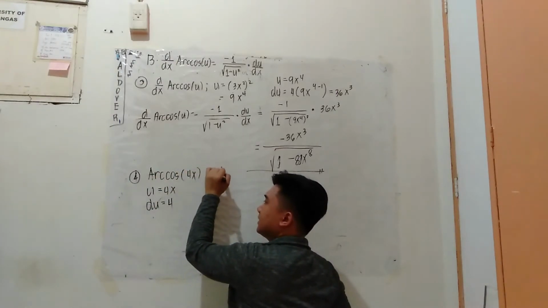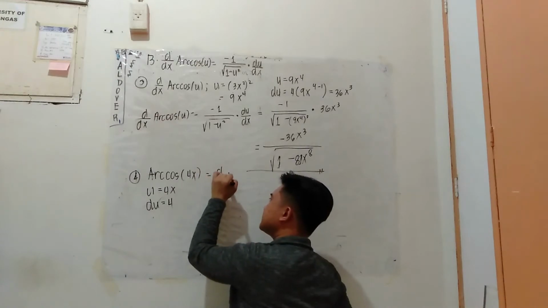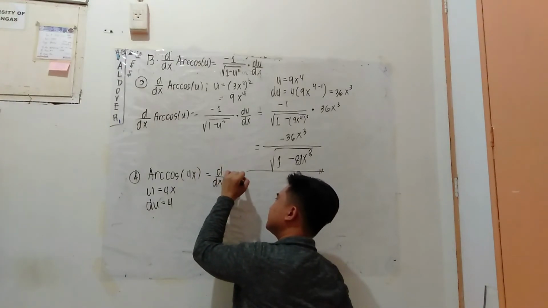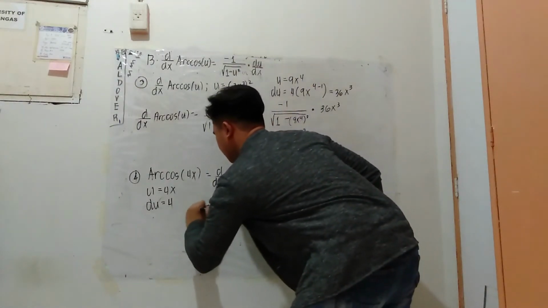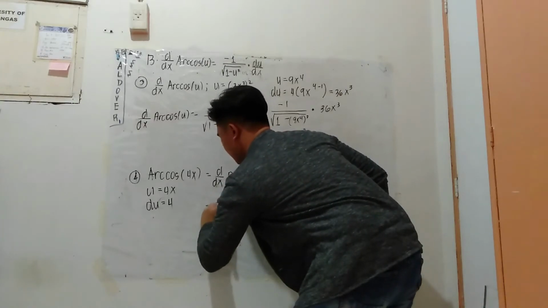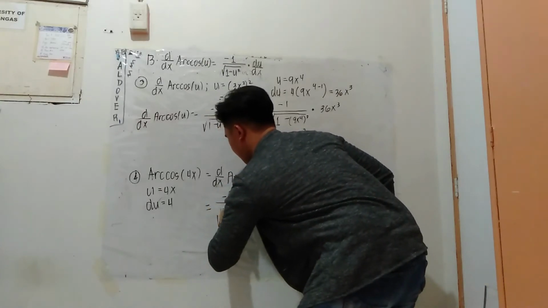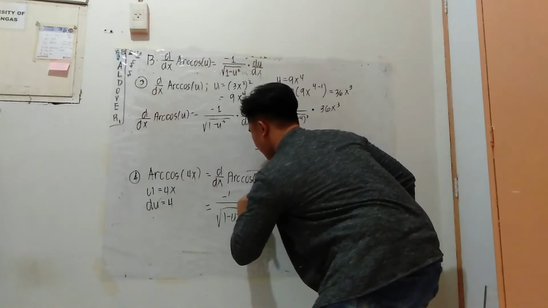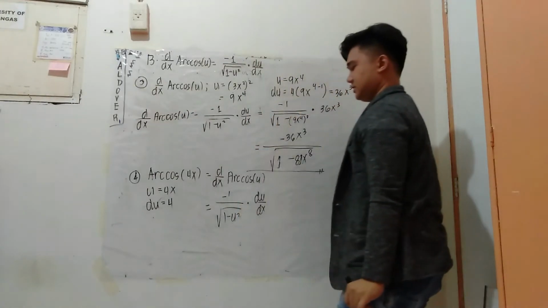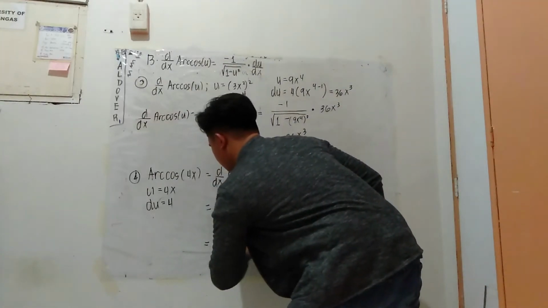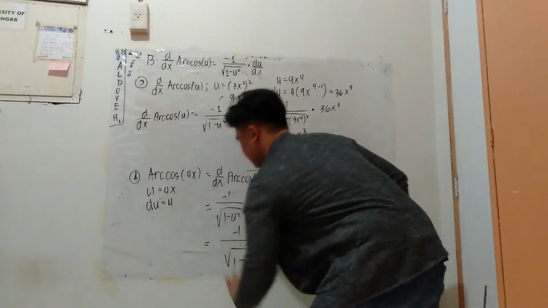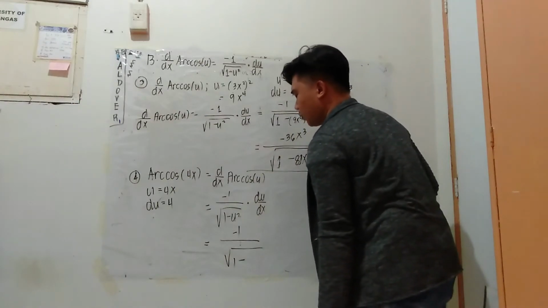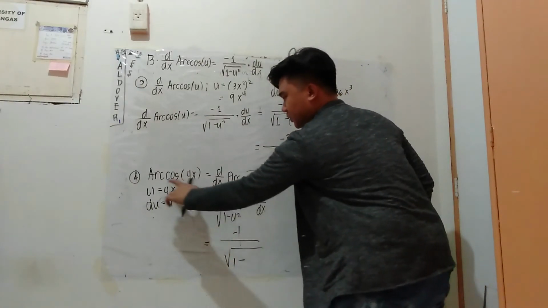So, this is the derivative of arc cosine of u with respect to x, so that is equal to negative 1 over square root of 1 minus u squared times du/dx. So, i-square lang natin ito.